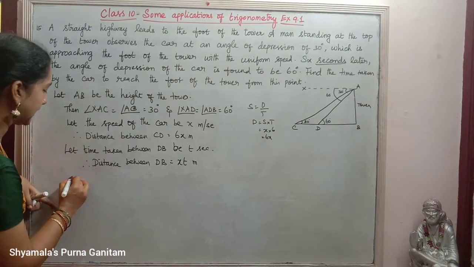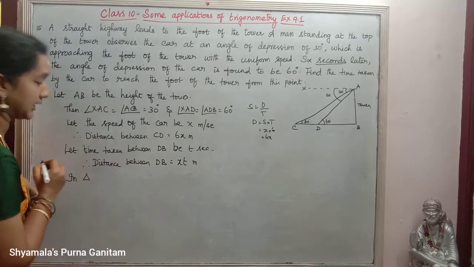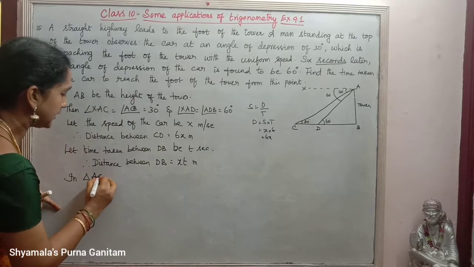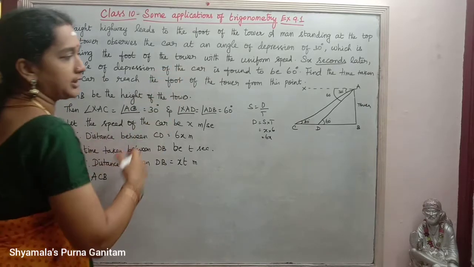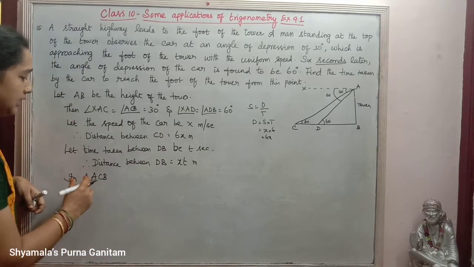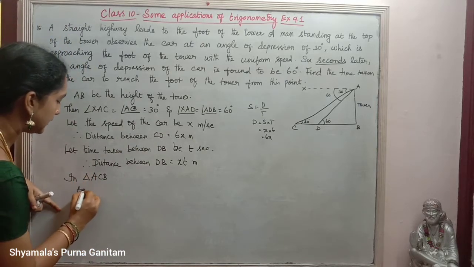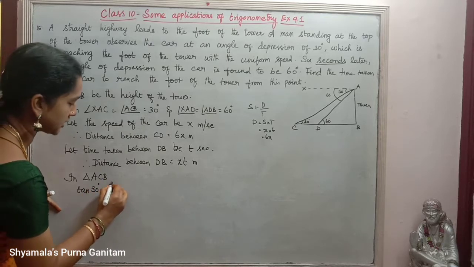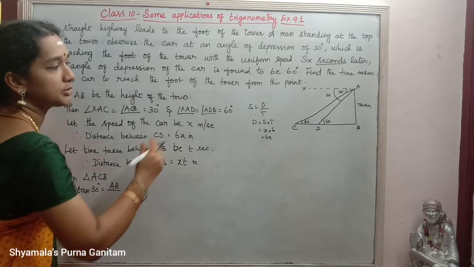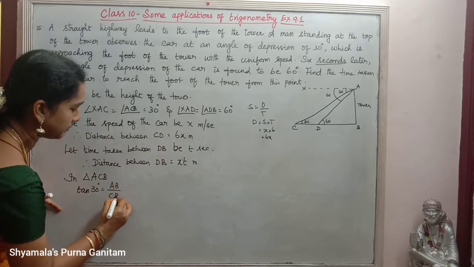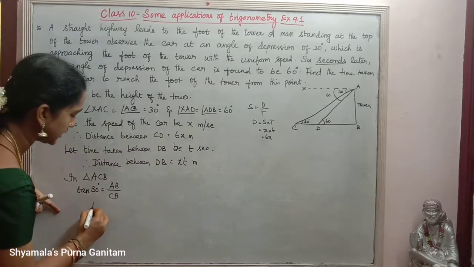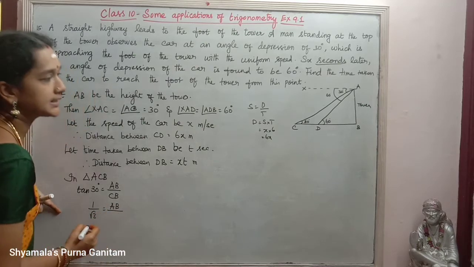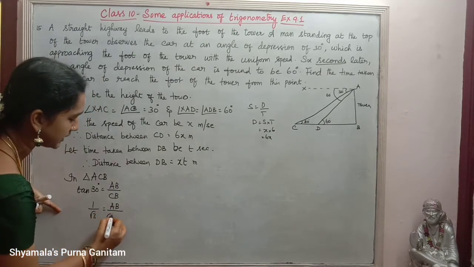Now we will take the triangles. In triangle ACB, tan 30 is equal to opposite by adjacent, AB by CB. Tan 30 is 1 by root 3, equal to AB by CB, which is CD plus DB.